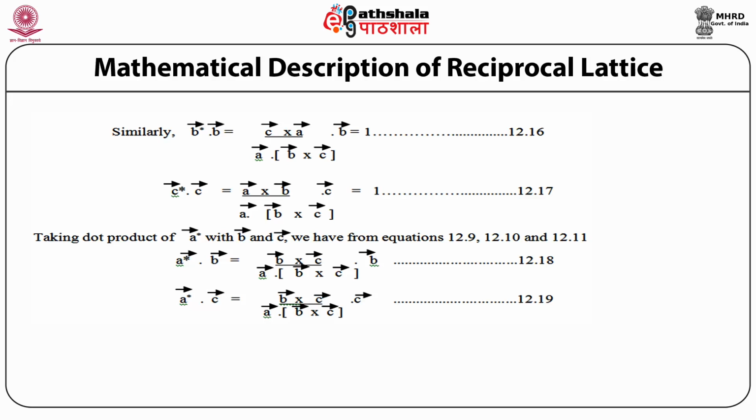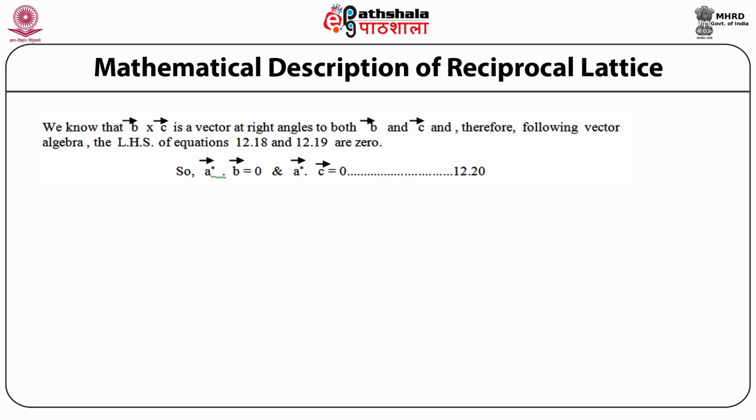Taking dot product of a* vector with b vector and c vector, we have from equations 12.9, 12.10 and 12.11, a* vector dot b vector equal to b vector cross c vector upon a vector dot b vector cross c vector dot b vector, put it as equation 12.18. a* vector dot c vector is equal to b vector cross c vector upon a vector dot b vector cross c vector dot c vector, put it as equation number 12.19.